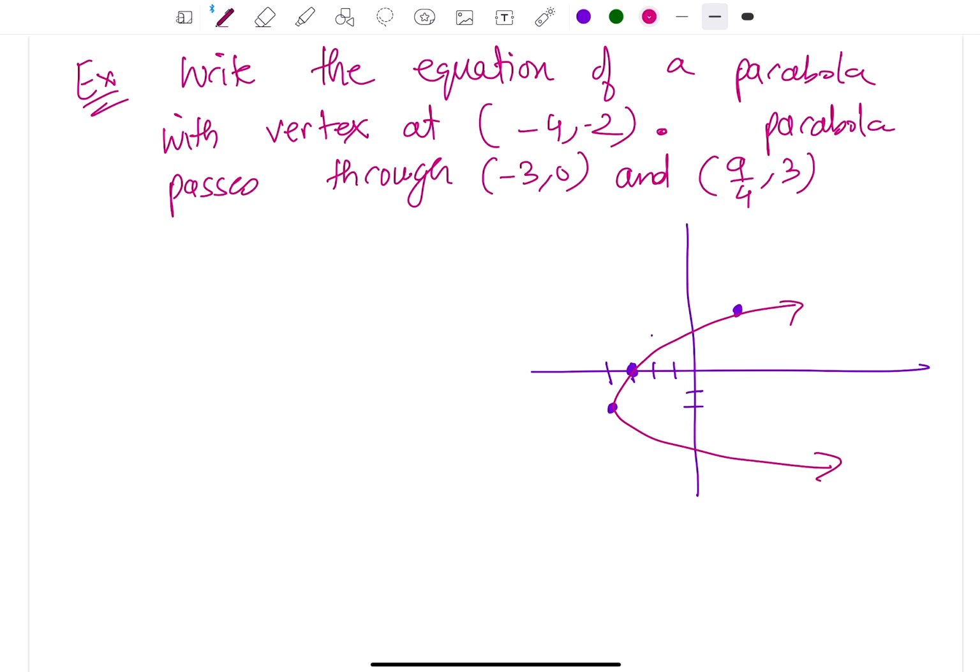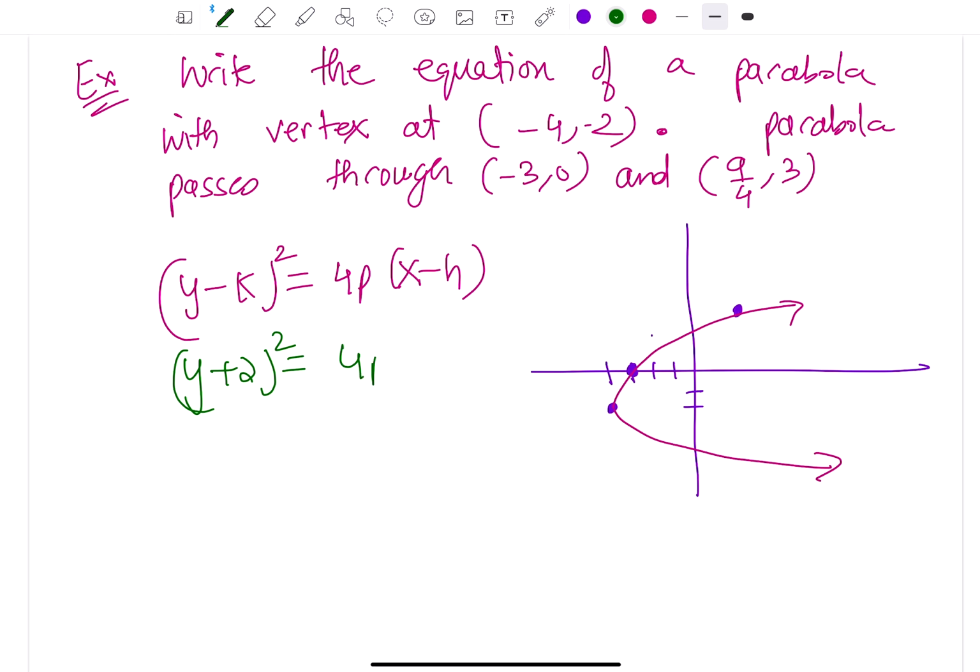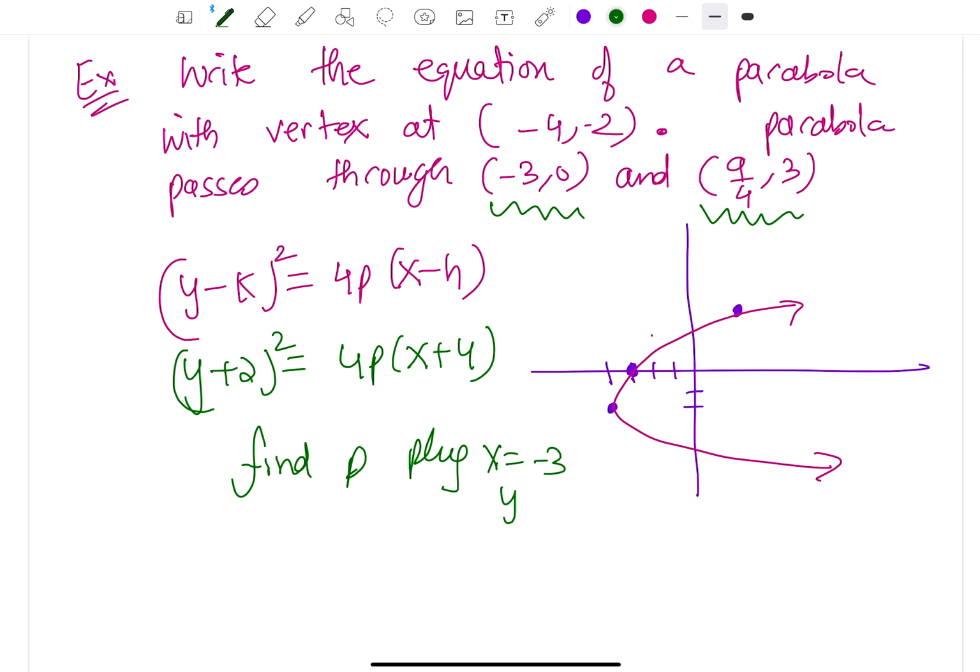So if I have a parabola that opens to the right hand side, the equation is going to be y minus k squared equals 4p times x minus h. Let's plug the vertex in here. That would be y plus 2 squared equals 4p times x plus 4. Now to find p, we can use any of the 2 given points and plug it in. Plug x as negative 3 and y as 0.